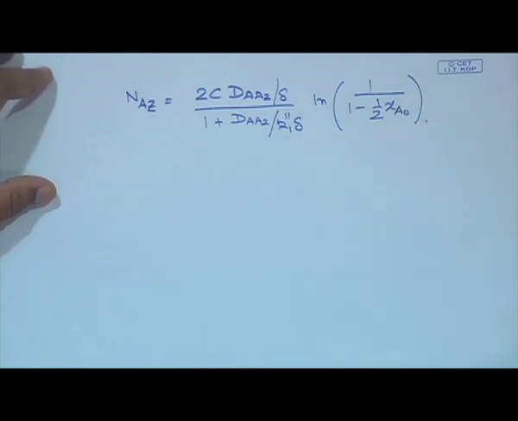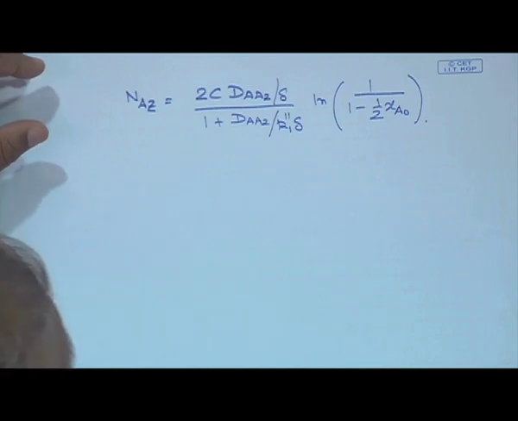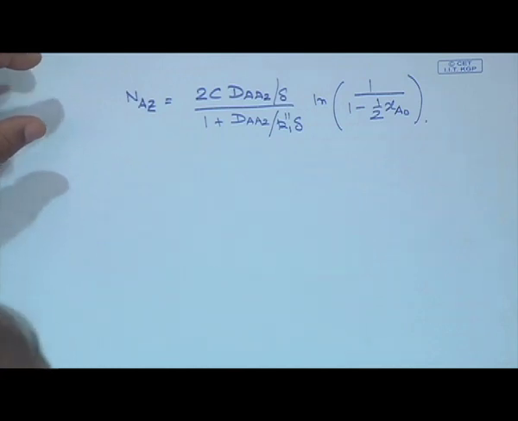This is the form which you would obtain when you take a Taylor series expansion of this.